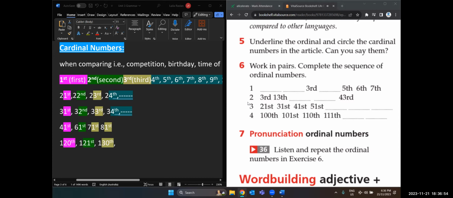Third, 13th, 23rd. 3. 21st, 31st, 41st, 51st, 61st, 71st, 81st. 4. 100th, 101st, 110th, 111th, 120th, 121st.